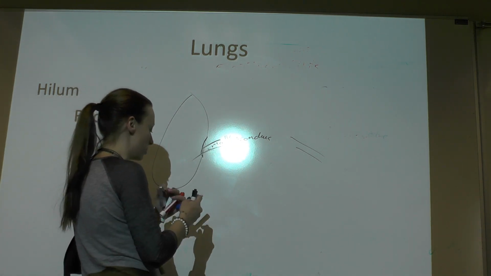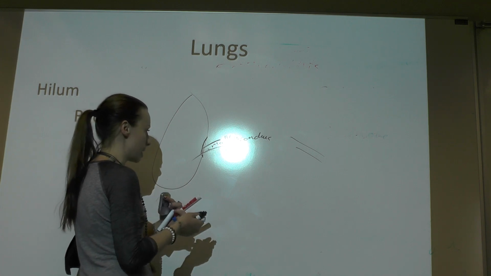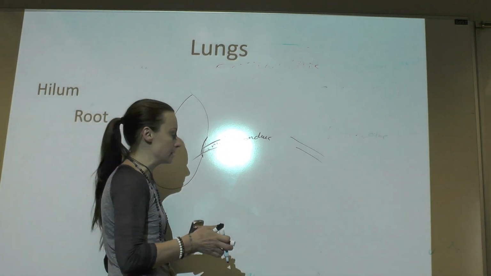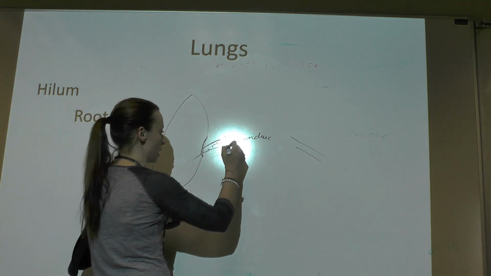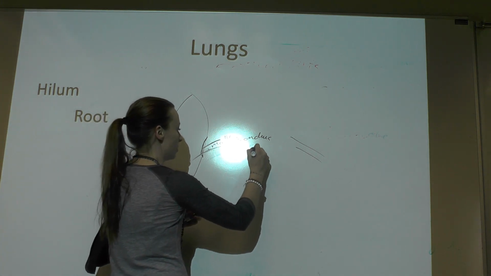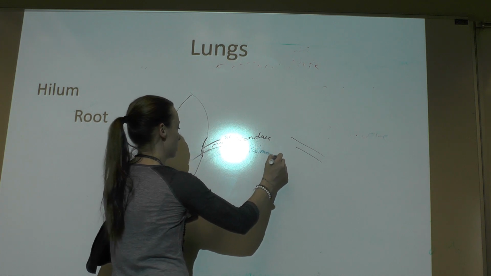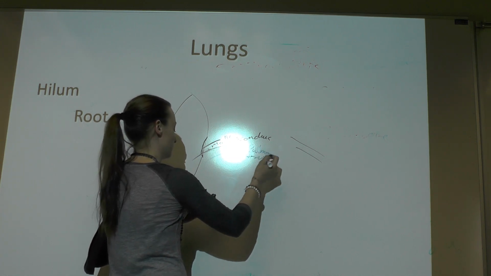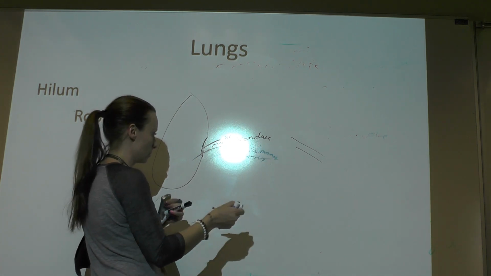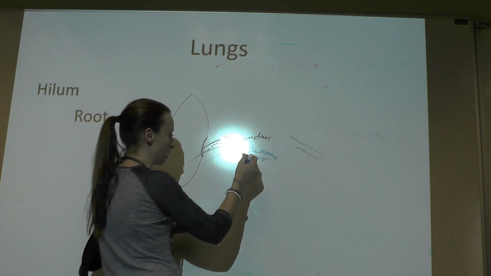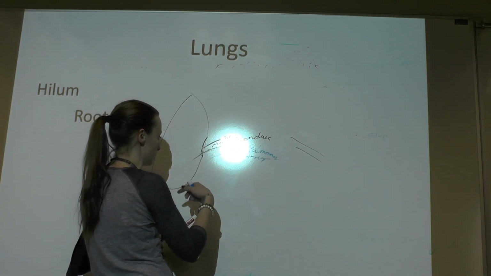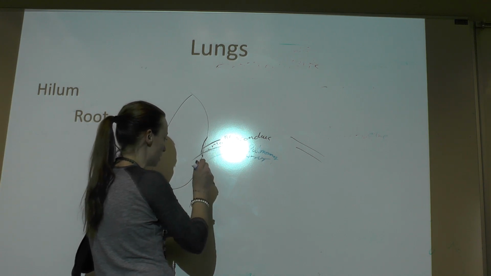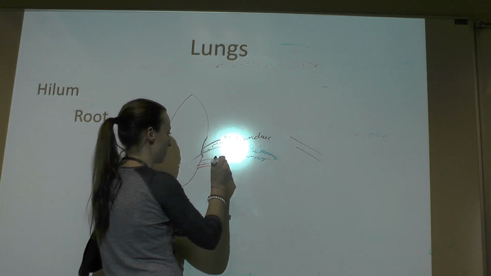And the root of the lung also contains pulmonary arteries and veins. So my right pulmonary artery is coming into the root of the lung. Do you see my pulmonary artery carries deoxygenated blood away from the heart to the lungs. And then I also have my pulmonary veins.